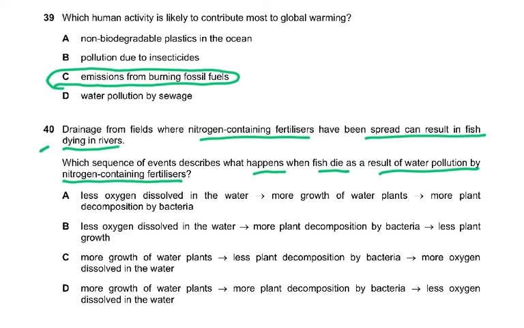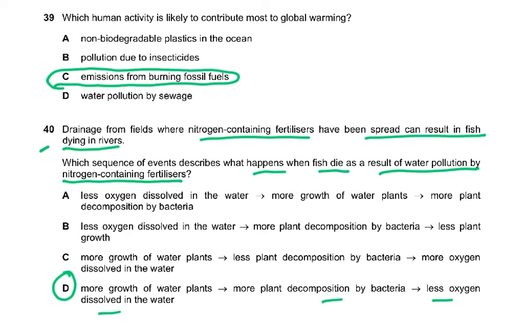If you look at it, it has to be between C and D. More growth of water plants, less plant decomposition by bacteria, more oxygen dissolved in water. No, that is not the case. Fish are dying because there's less oxygen. More growth of water plants, more plant decomposition by bacteria, less oxygen dissolved in the water, and that's when the fish start to die. So that is why the answer to 40 is D.